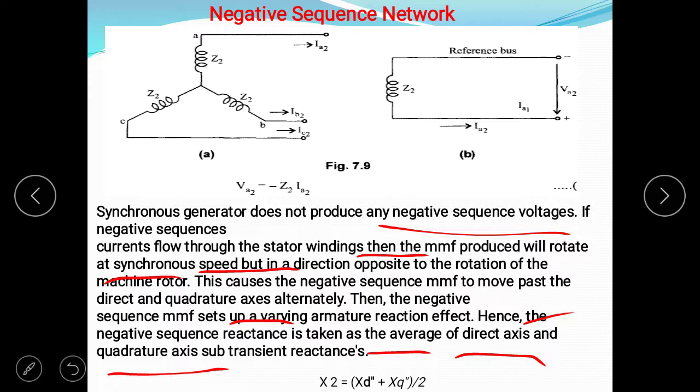So the negative sequence impedance is the average of both: Xd double dash plus Xq double dash by 2. So in a negative sequence network, no voltage source is represented, only impedances of phase A, phase B and phase C with the symbol Z2. So this is the negative sequence network of a synchronous machine.